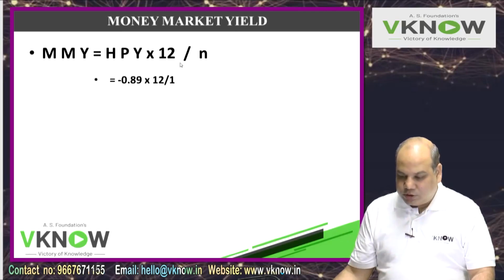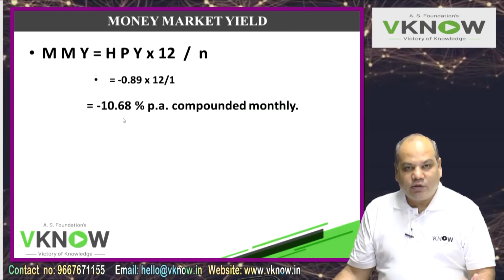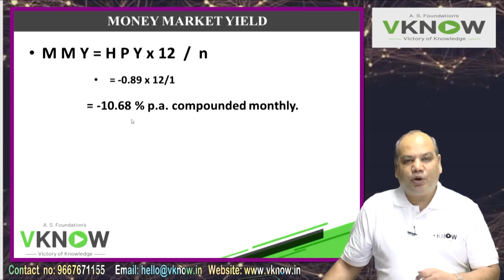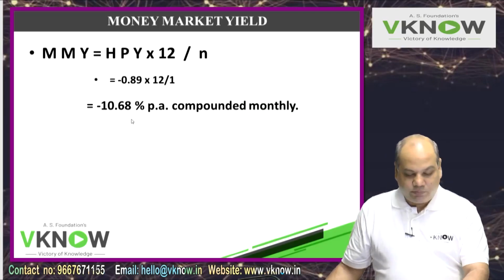Holding period yield is 0.89 negative into 12. So you will write like this, minus 10.68% per annum compounded monthly, because you are dividing. If I divide this by 12, it will give me 1 month interest. So I will call that compounded monthly.